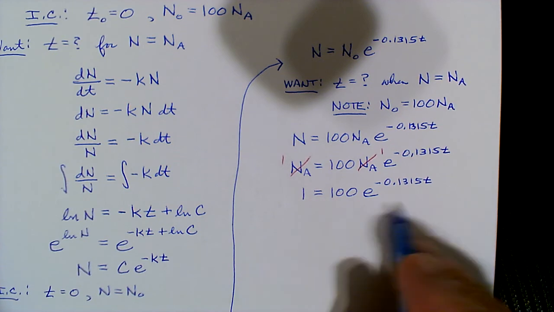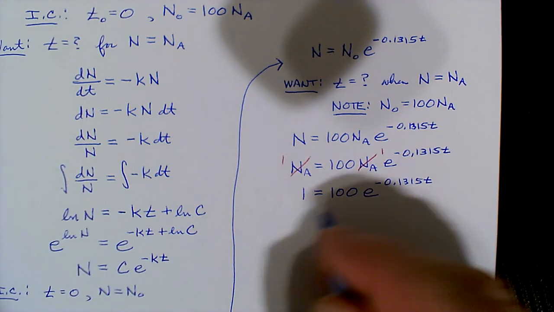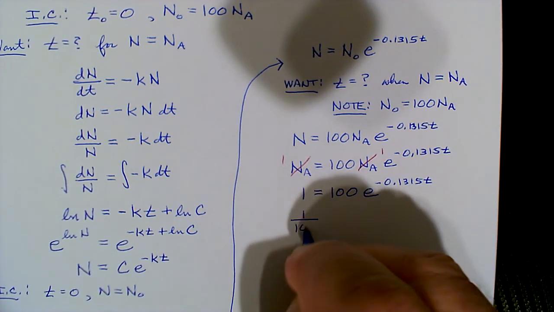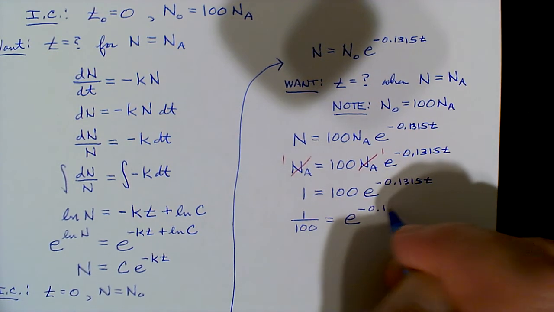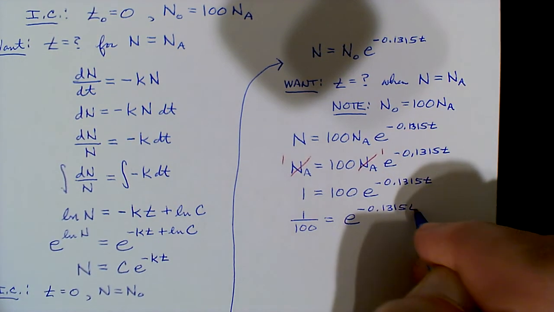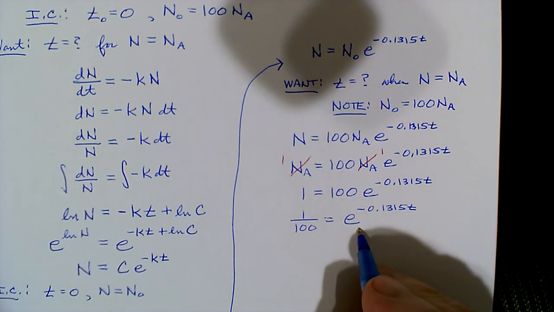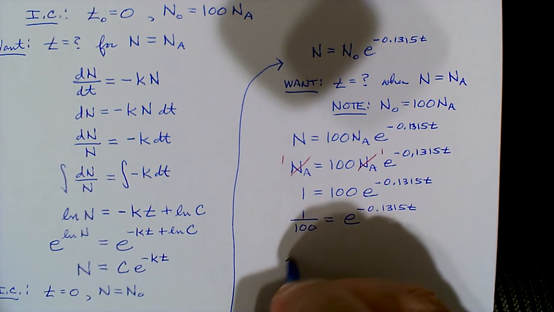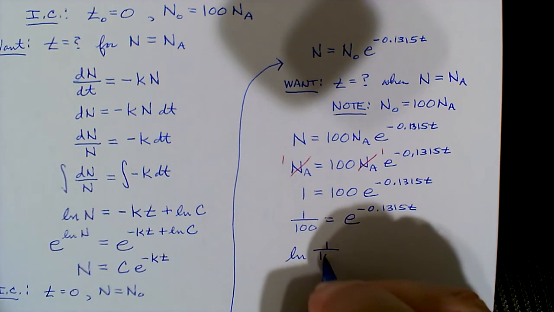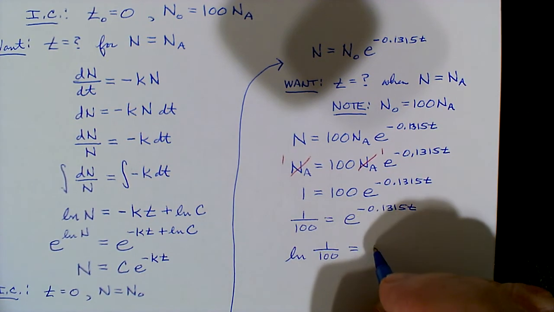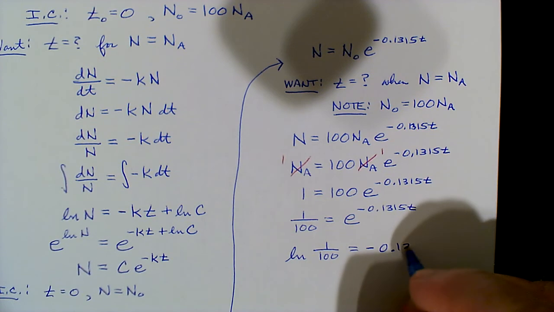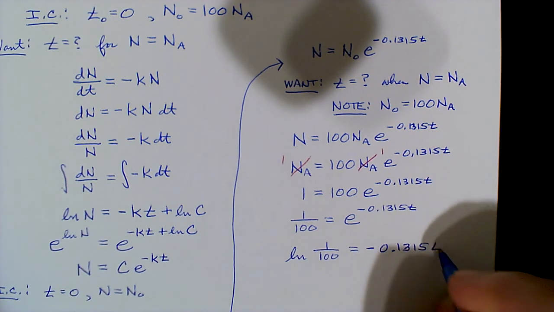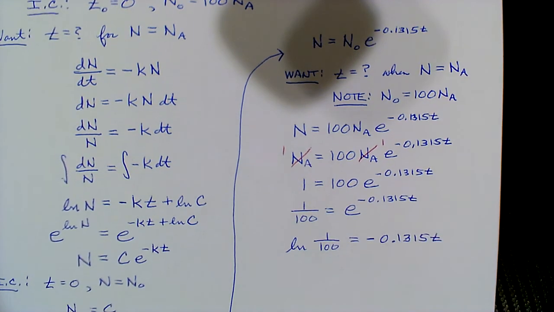Okay, I'm going to show the steps explicitly here, but I want you to think about how you can get this mentally. Well, first we divide by 100 to isolate the e. Then we would take the natural log to undo the e. And let me just go right to the fact that that's equal to its exponent, because we took the log of both sides.